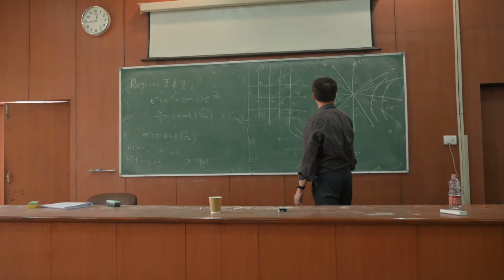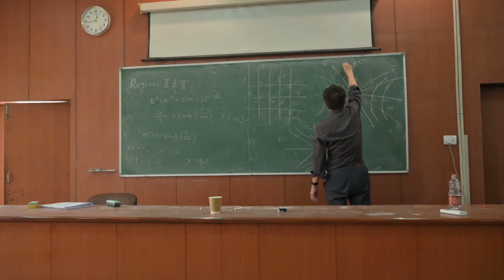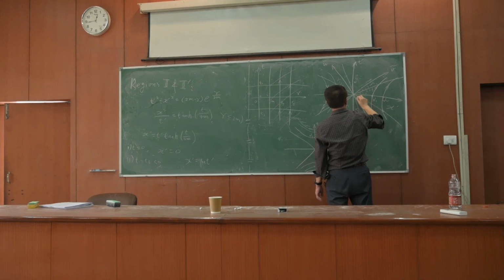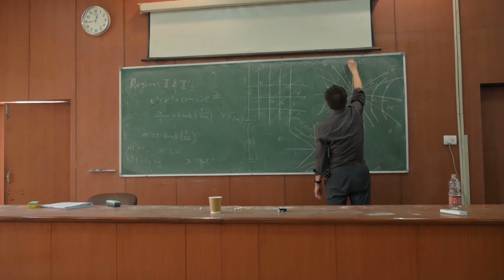So this will be the negative lines, so this will be this line, right? So this is actually t equals t to the negative.